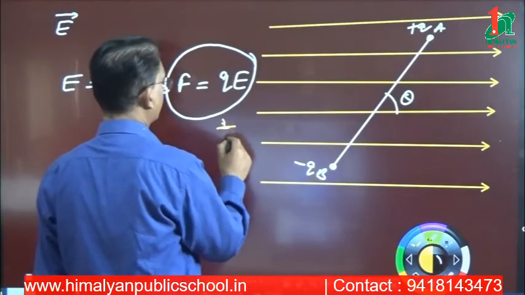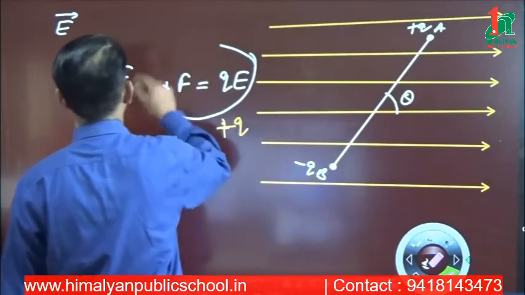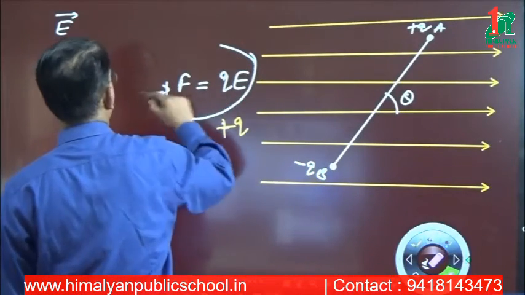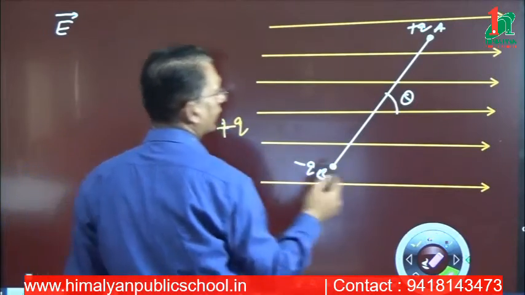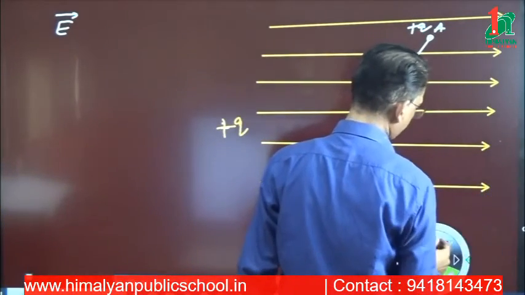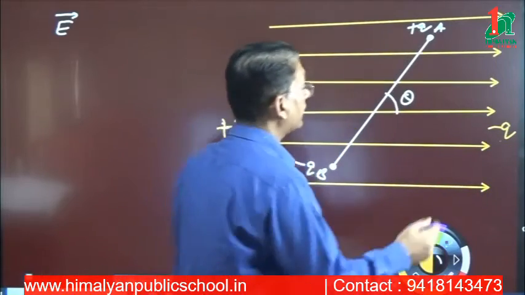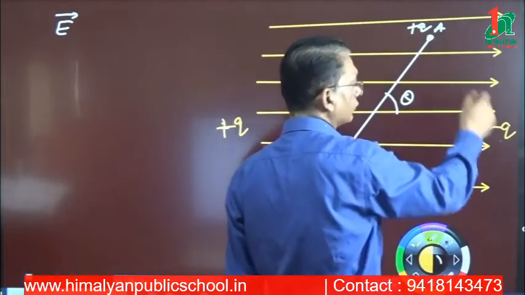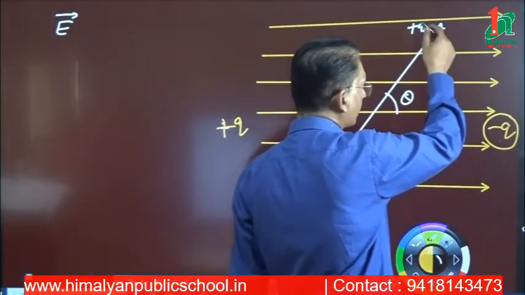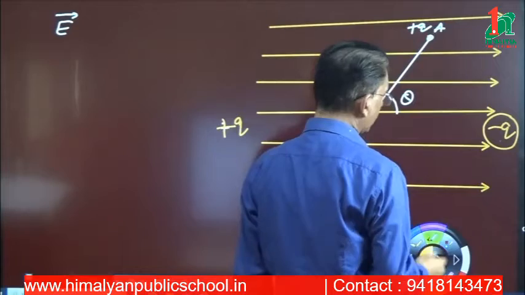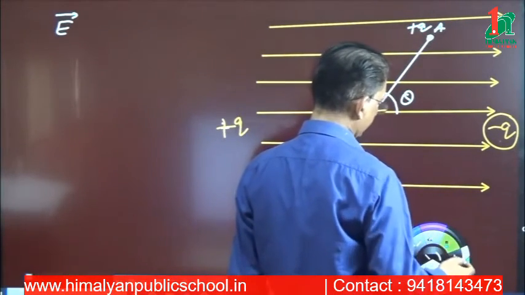This charge will be plus Q, and here the charge will be minus Q. Now this minus Q will attract this plus Q, so this plus Q will experience a force towards this side.